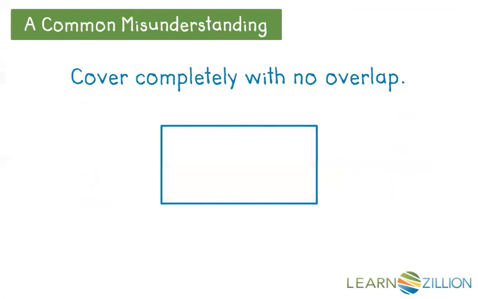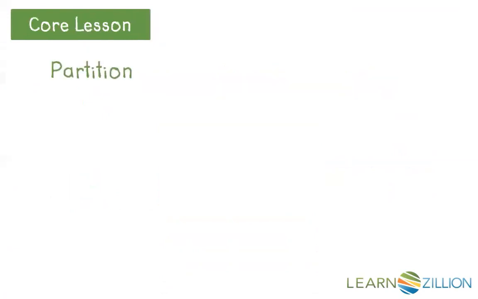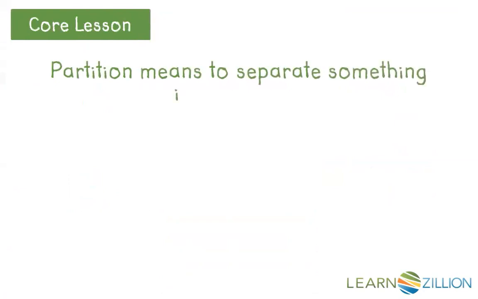So we would have to do the following. We would take one piece of paper and slide it, and then take the other piece of paper and slide it right next to each other. And we notice that there is no overlap and there is no section that is not covered. Partition means to separate something into sections.